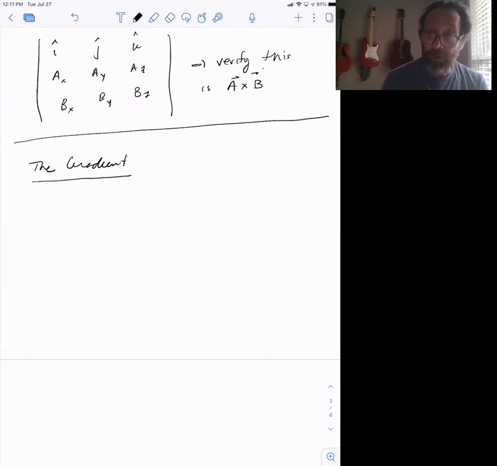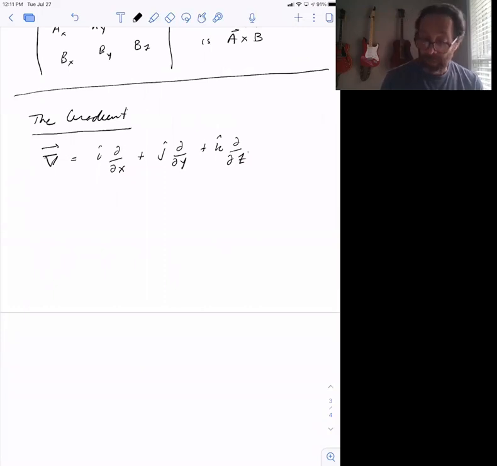The gradient in Cartesian, we'll start with Cartesian. The gradient in Cartesian coordinates is going to be a set of partial derivatives. And for a while now, just to emphasize that it has vectorial properties, I'm going to write it this way. It's a nicely symmetric operator, partial z.